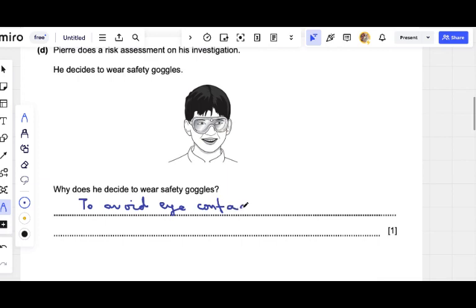Okay, this is like an alternative to practical in either paper 6 of chemistry, biology, or physics. To avoid eye contact with the hot dilute hydrochloric acid.